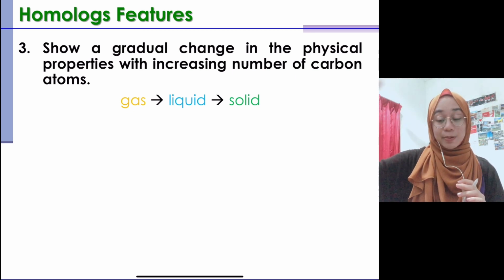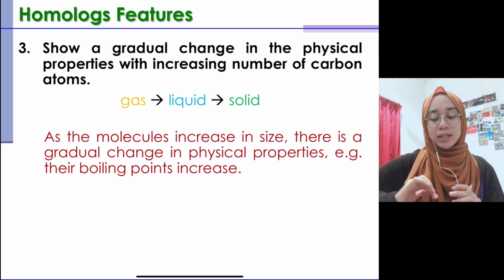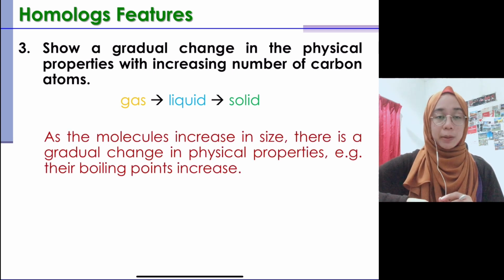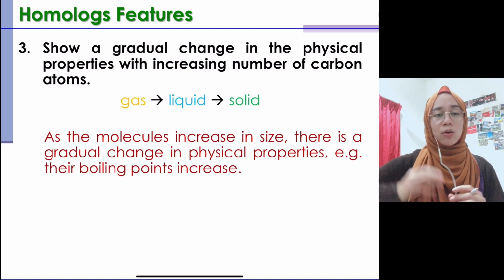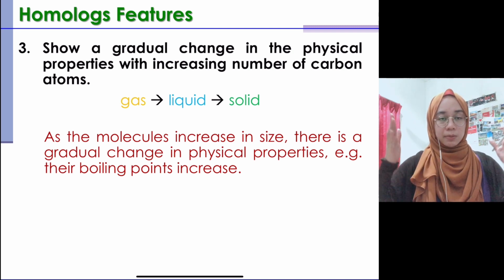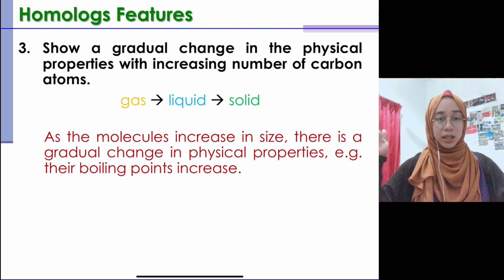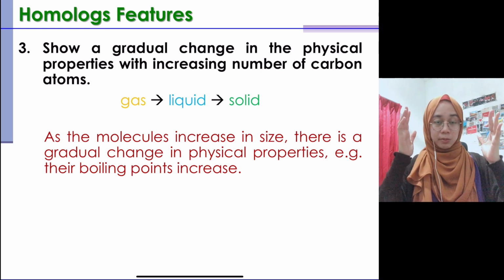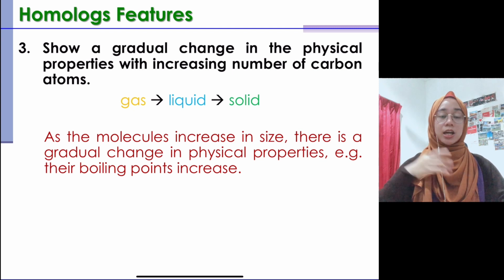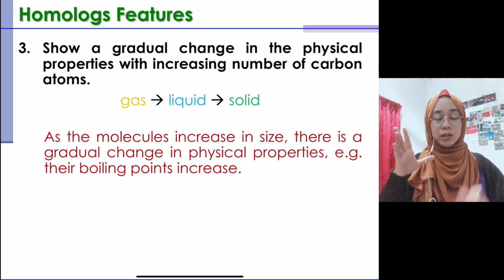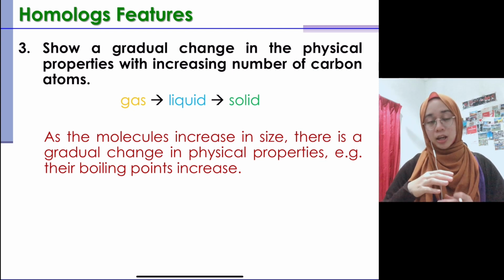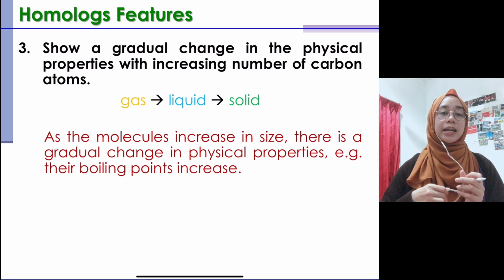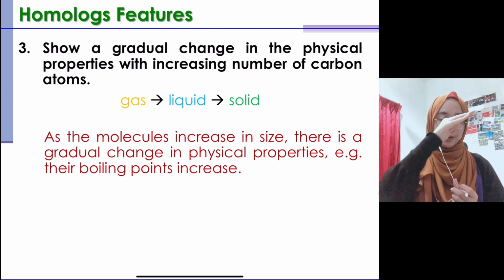Sikit-sikit dia berubah. In terms of boiling point pula, kalau lagi banyak carbon, lagi banyak carbon meaning the size akan jadi lagi besar. Satu carbon je kecil, 2 carbon makin besar, 3 carbon makin besar, 4 carbon makin besar. Kalau size dah jadi makin besar, bermaksud what happened to the boiling point? Boiling point pun akan increase juga, gradually dia akan increase.